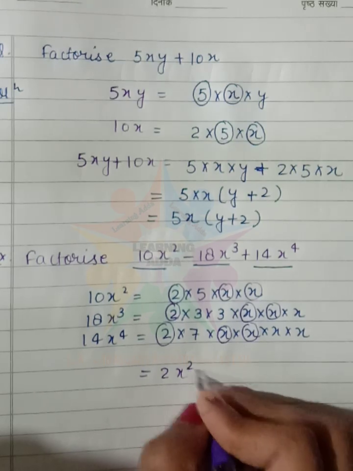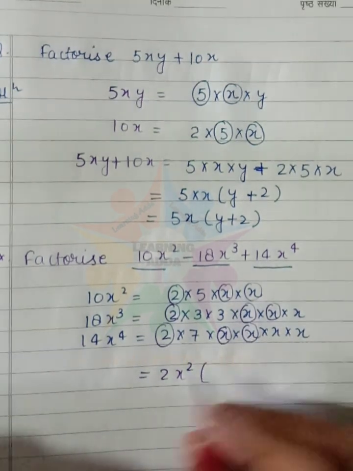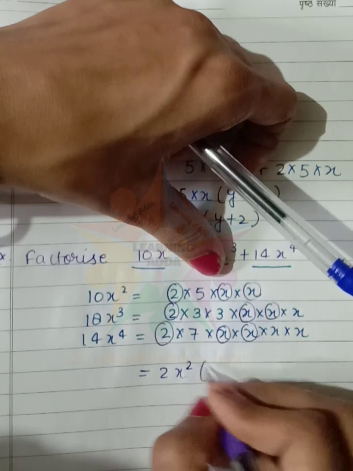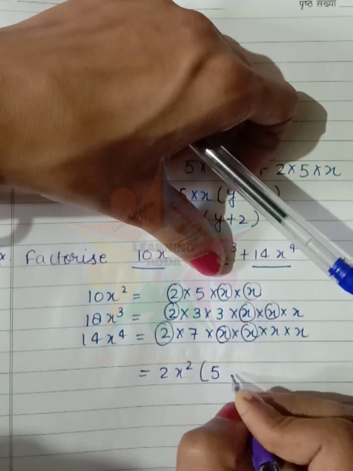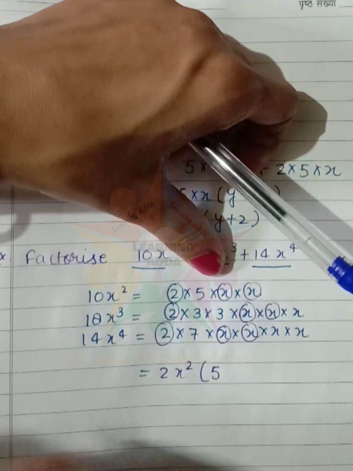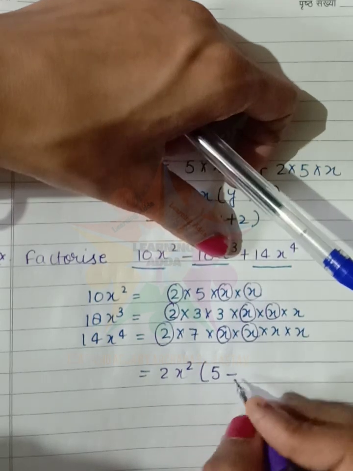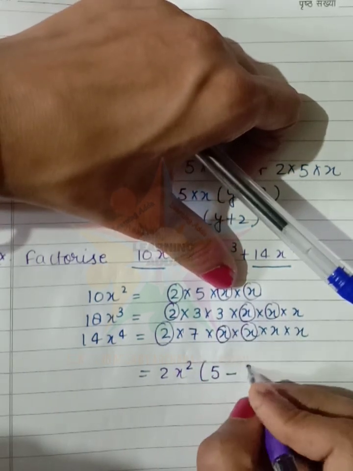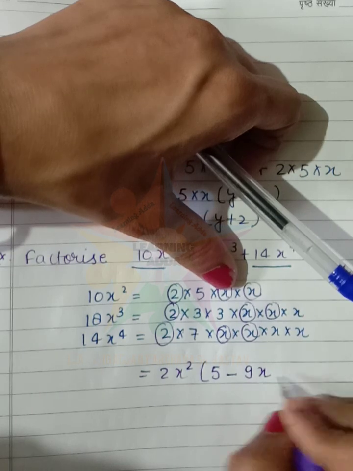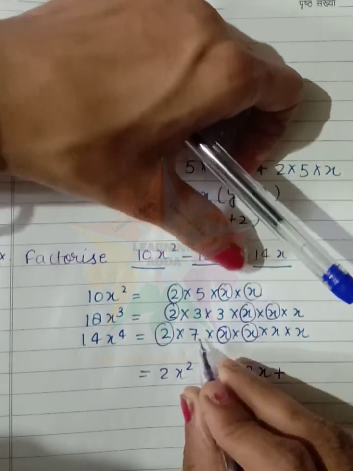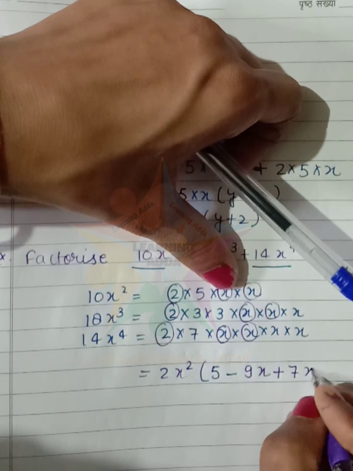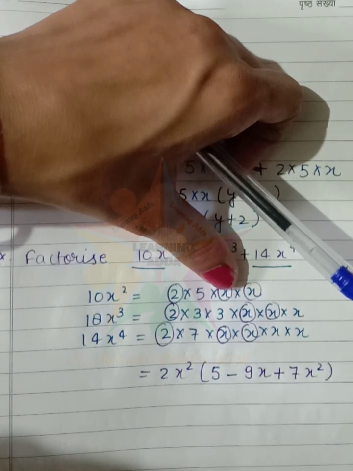2x square. Left of the first term, after 2x square, we can write in bracket 5, and next minus 9x, plus 7x square.